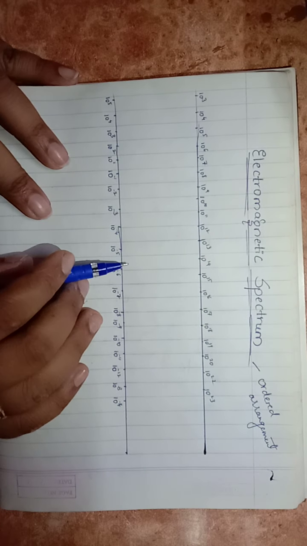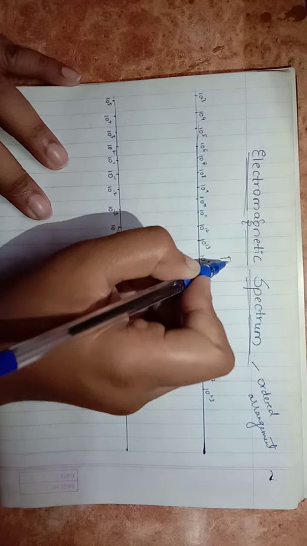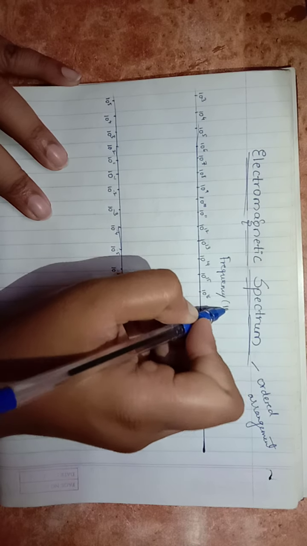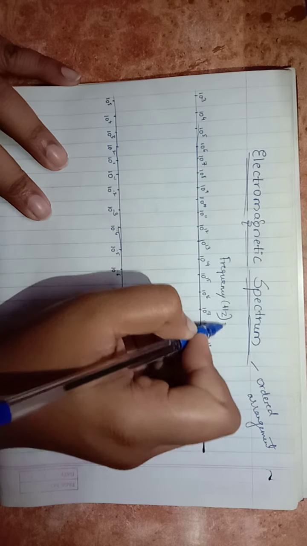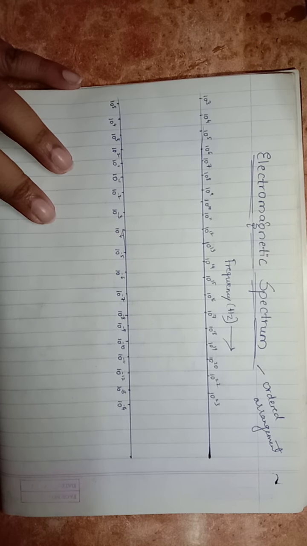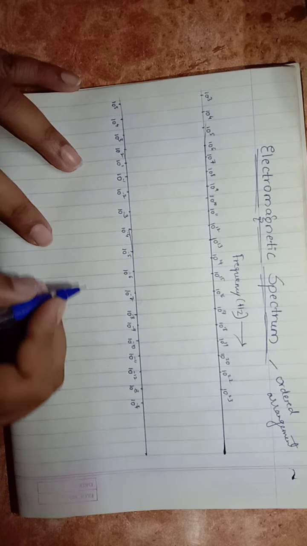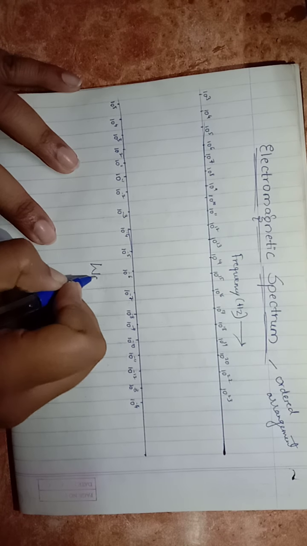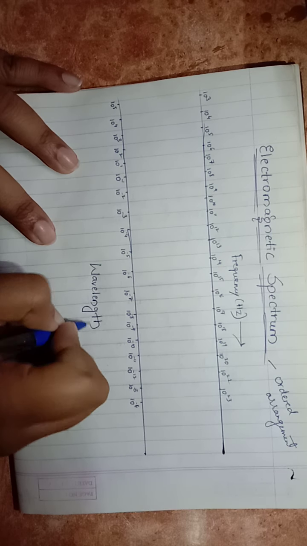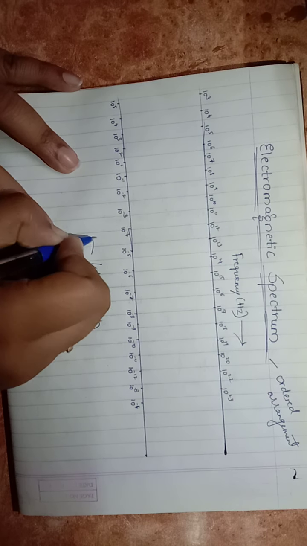So here what I am doing, I have written the frequency in hertz in this direction, and at the bottom I have written the wavelength in meters in this direction.